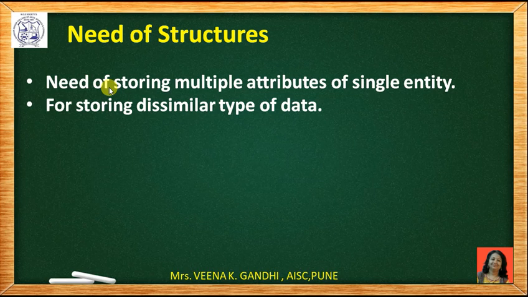So we need something which handles different types of data, which combines heterogeneous data under a single name. C programming allows us the use of structure, which combines different types of data under a single name, under a single entity.